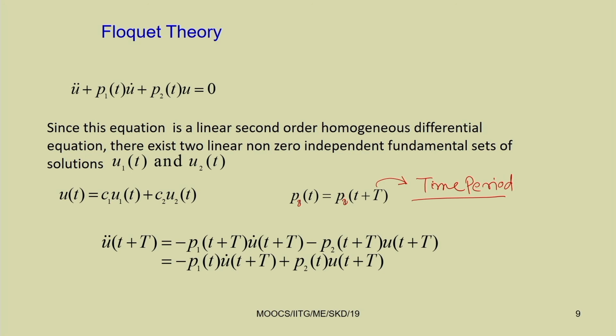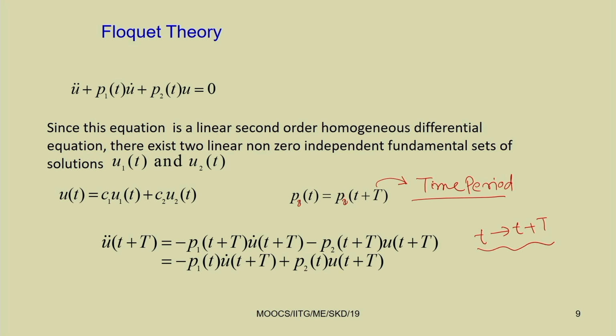We replace t by t plus T, where T is the time period. So, in the original equation we substitute t equal to t plus T, to check what will happen after one cycle.